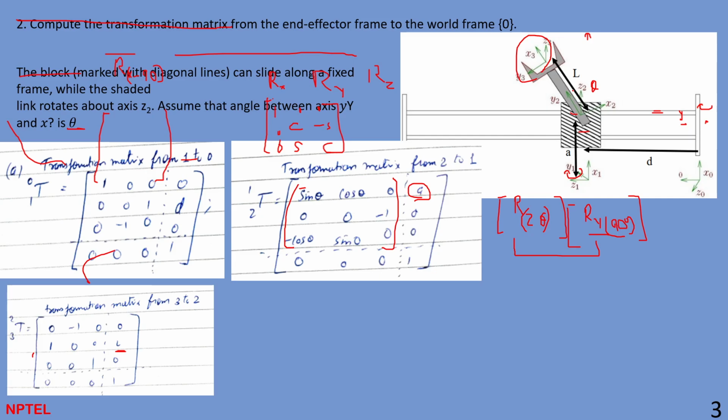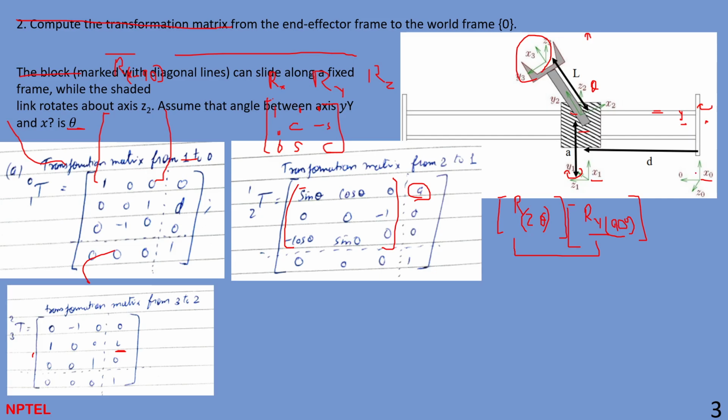Here we need to change something. So y2 is not here, this is x1, so you need to again rotate by 90 degrees. But what to rotate and how? When you rotate something like here, you can see x0 and x1 remain the same.